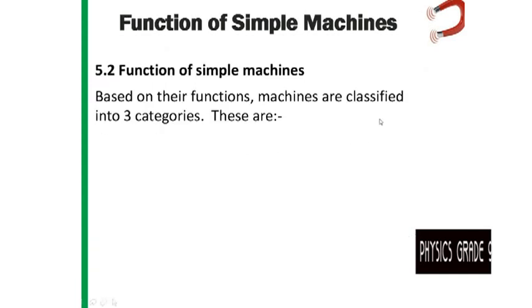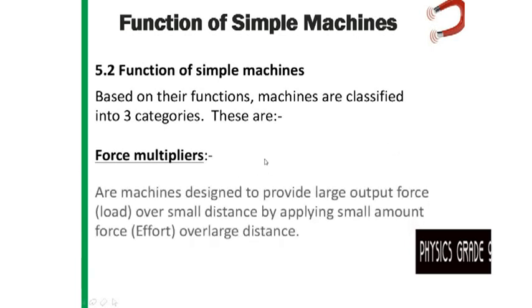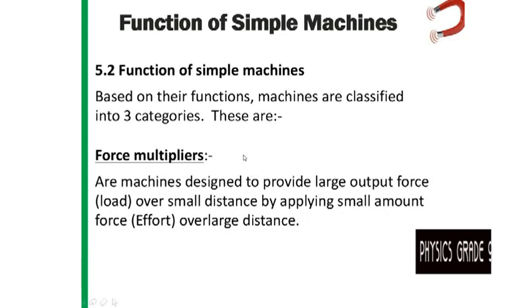So what are the functions of simple machines? Based on what they actually do, you can classify machines into three specific categories. These are force multipliers. What is a force multiplier? Force multipliers are machines designed to provide a larger output force over a small distance.